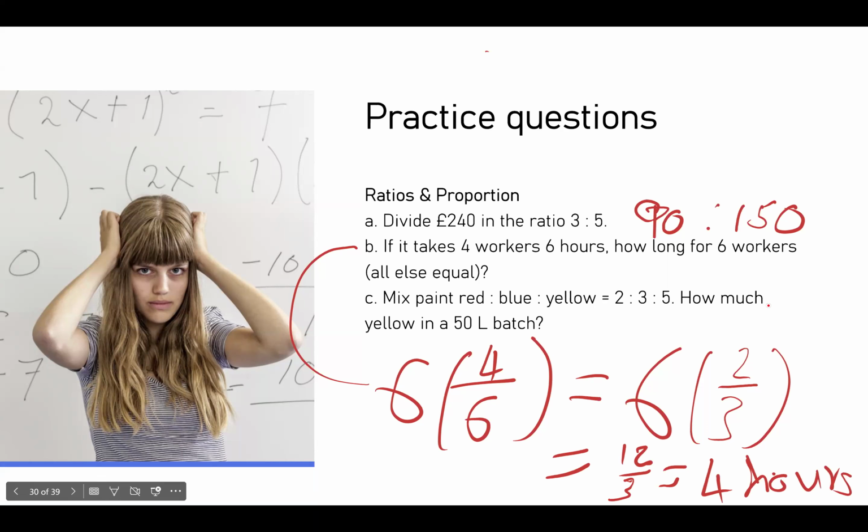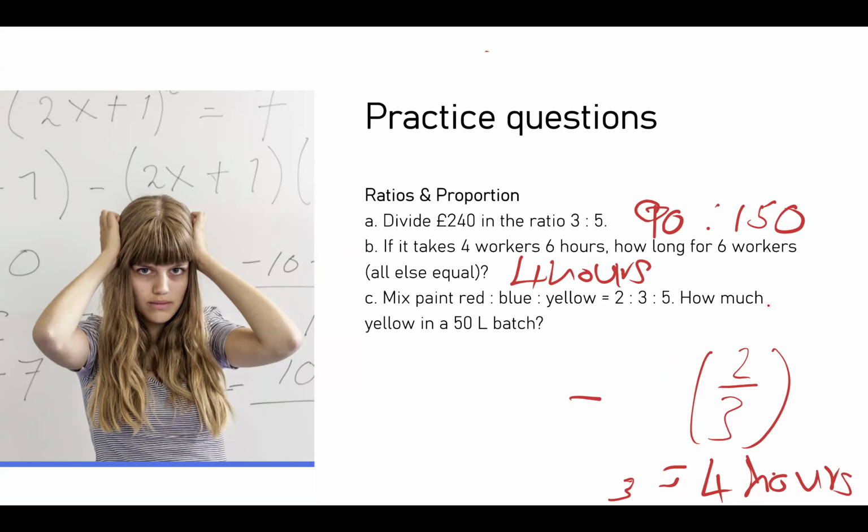All we did is multiply the top, 6 times 2, which is 12/3, and that would equal 4 hours.